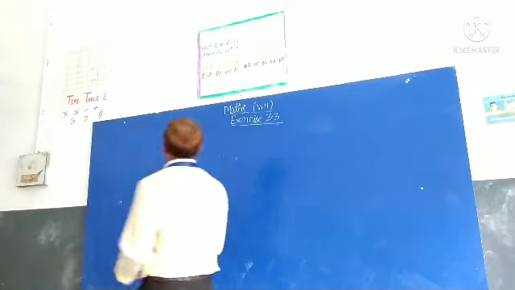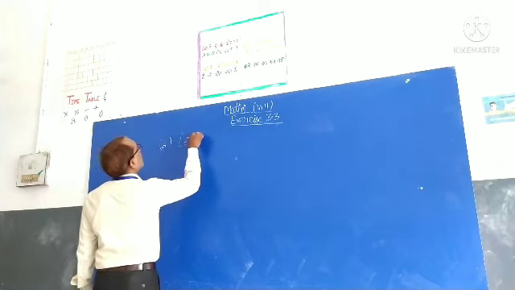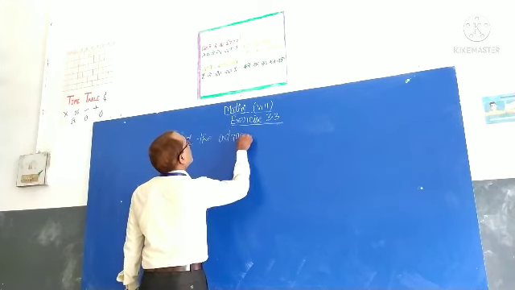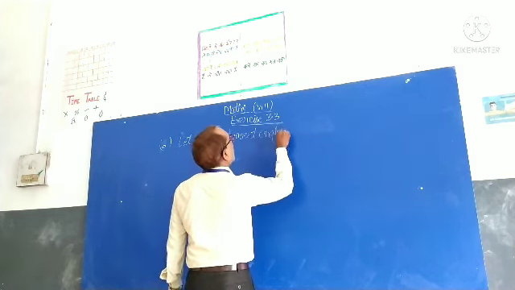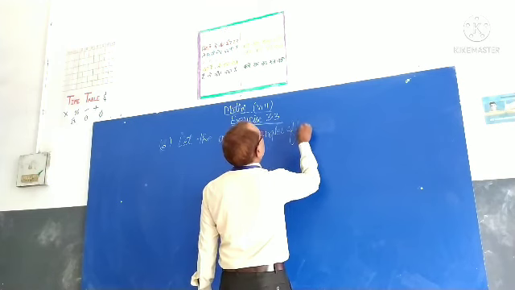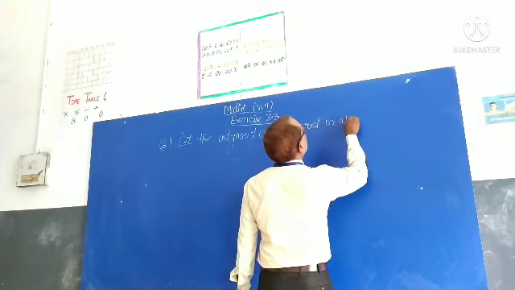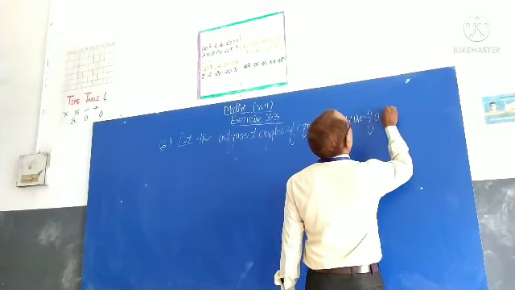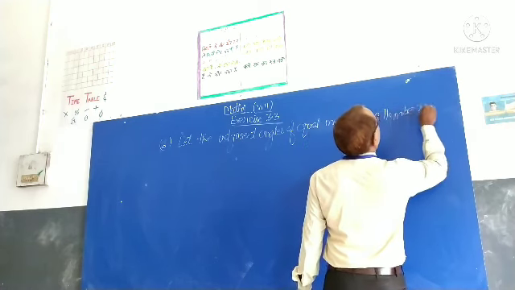For this question, you write down, let the adjacent angles of equal measure of a parallelogram be x.